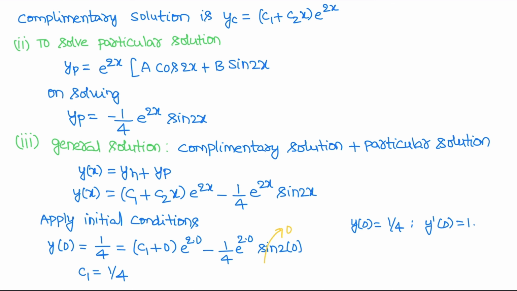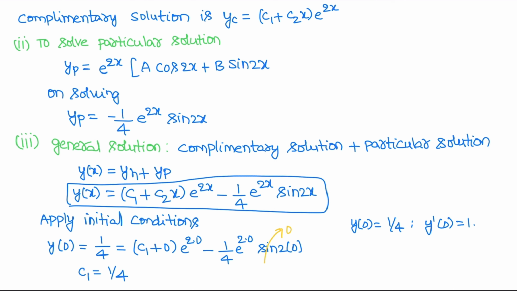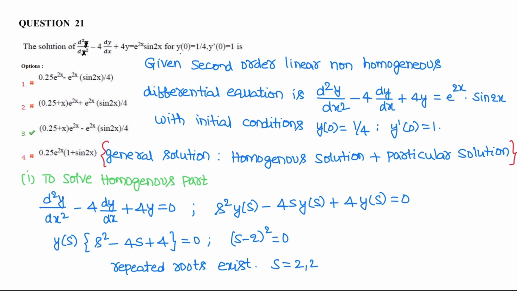Now the general solution consists of complementary solution plus particular solution, homogeneous part plus particular part, yh plus yp. That is y of x is equal to (c1 plus c2x) e power 2x minus 1 by 4 e power 2x into sin 2x. We need to apply the initial conditions, y of 0 is equal to 1 by 4 and y dash of 0 is equal to 1.